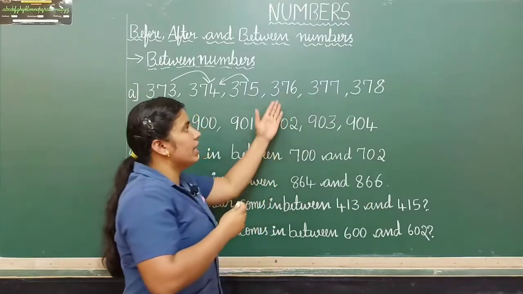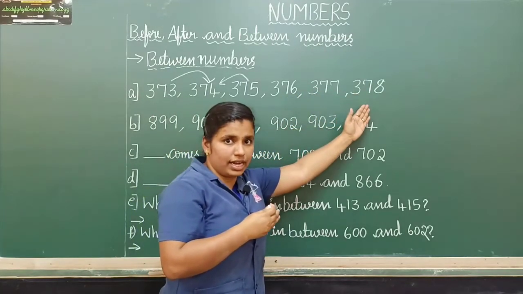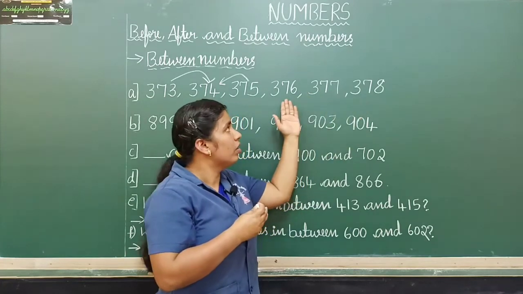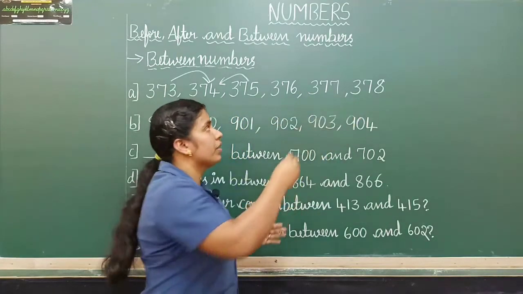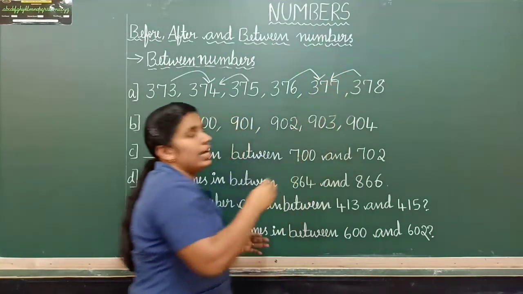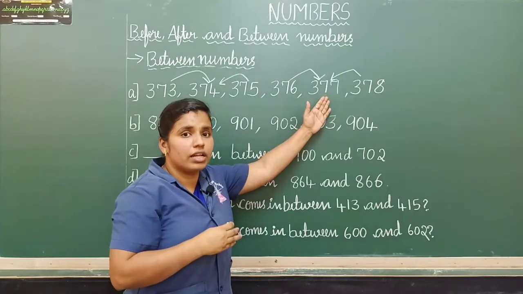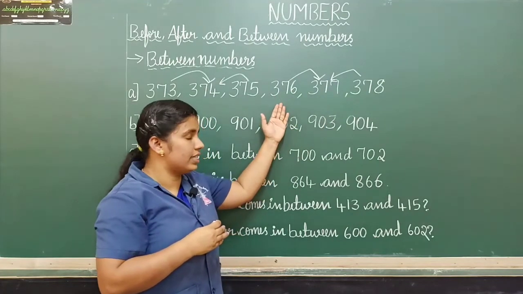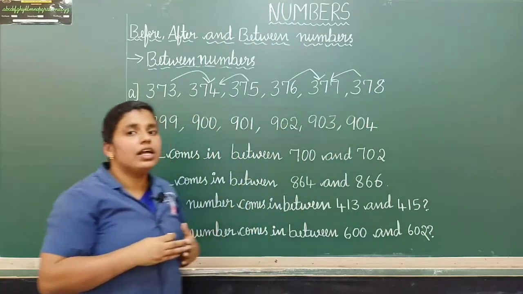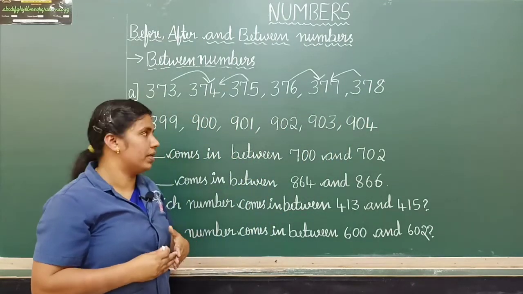What about 376 and 378? Which number comes in between these two numbers? 377. 377 is in between 376 and 378.